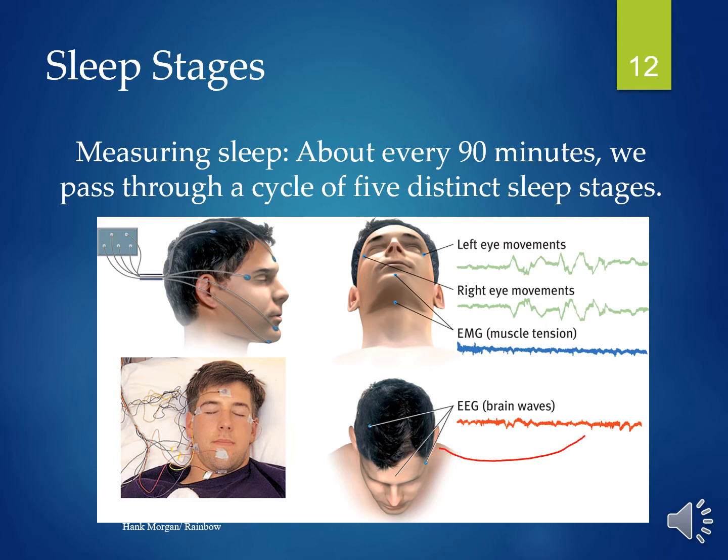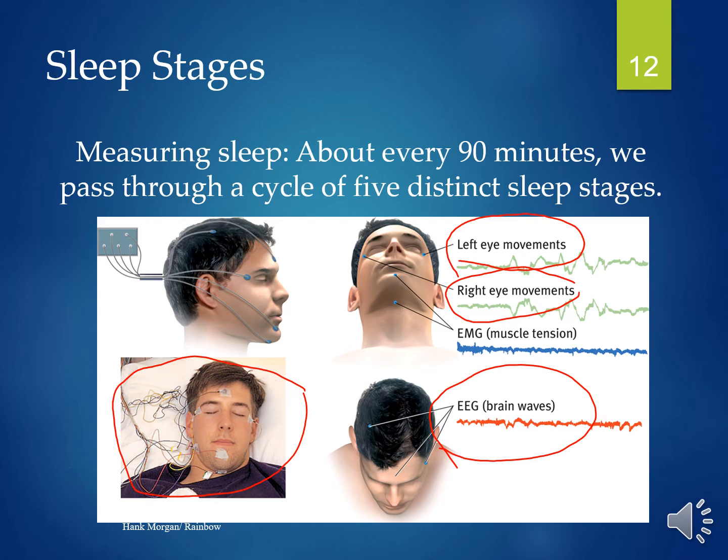You can see our EEG coming into effect here. These are some of the things that we measure in a sleep laboratory. We can detect eye movements on each separate eye. We can also detect muscle tension, like if you're tightening your jaw and things like that as well.